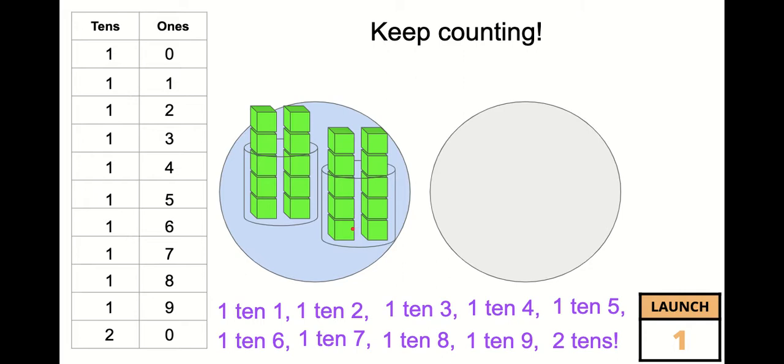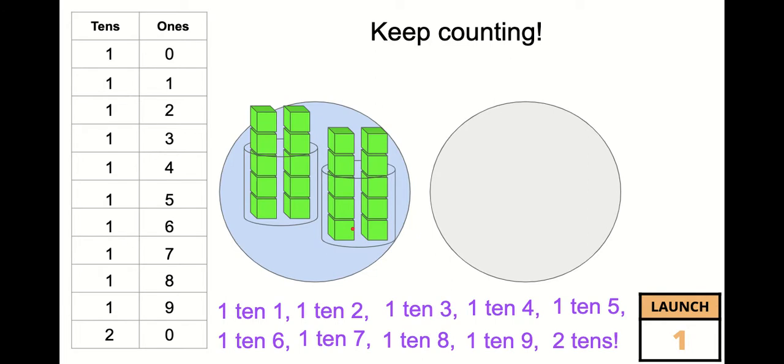Let's go. 11, 12, 13, 14, 15, 16, 17, 18, 19, 20. So 2 tens is the same as saying 20.